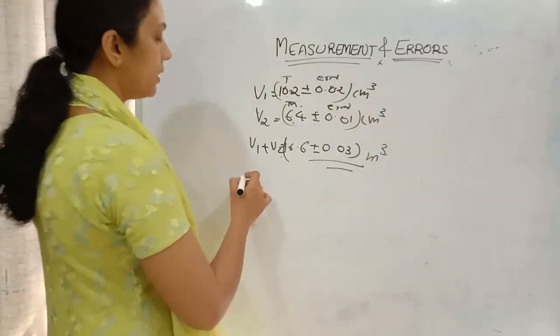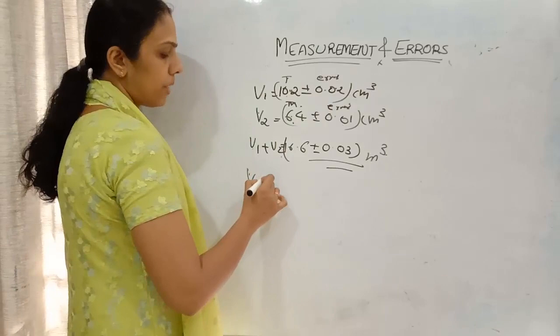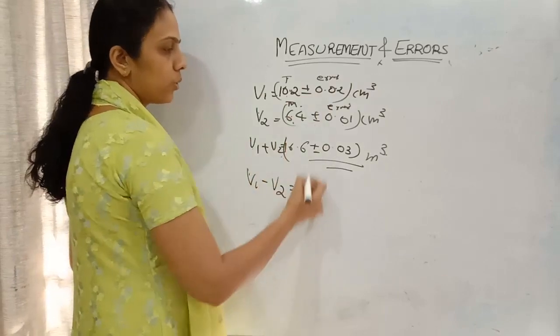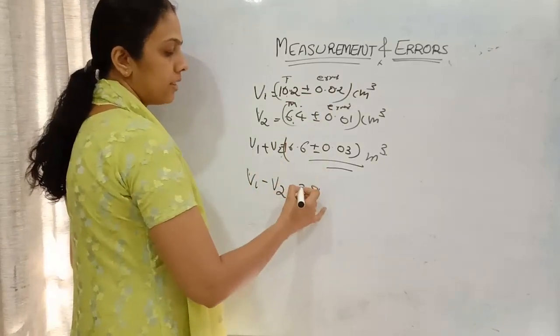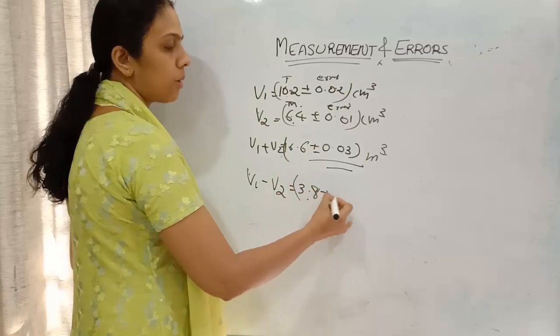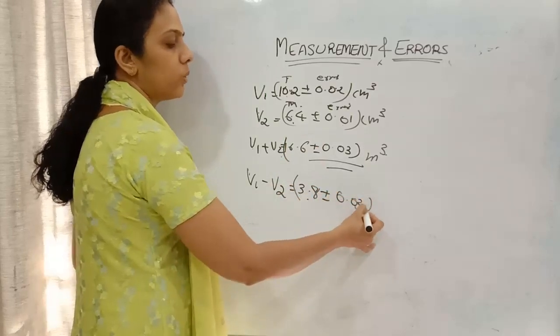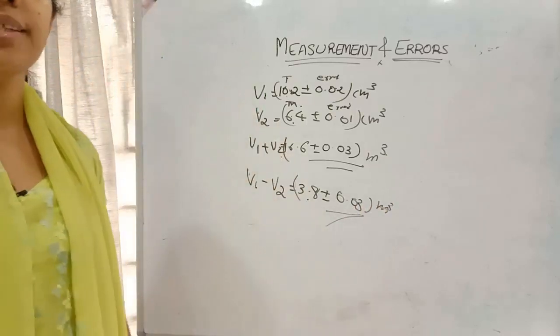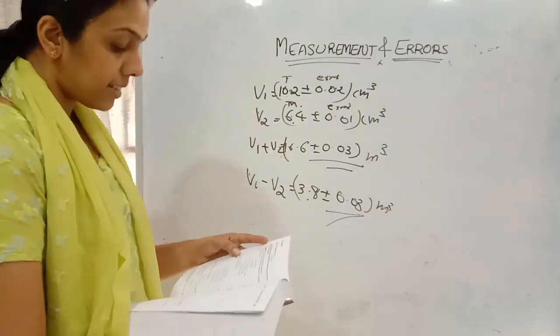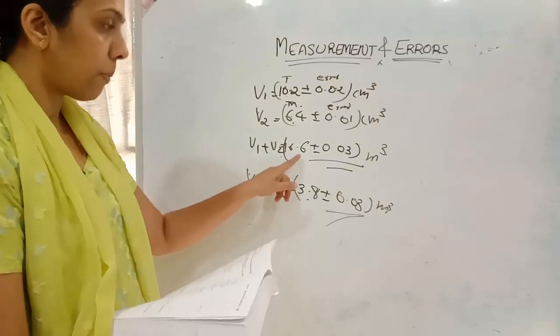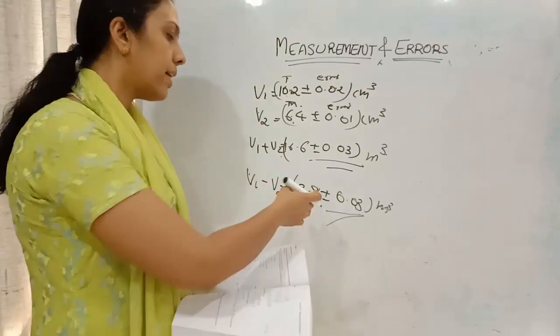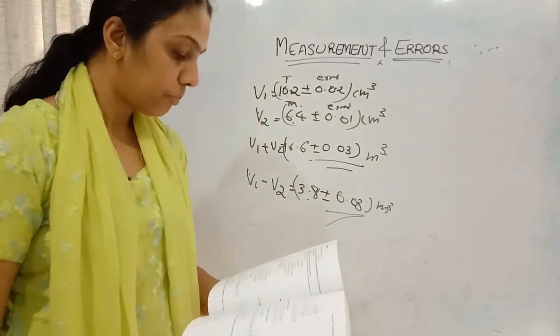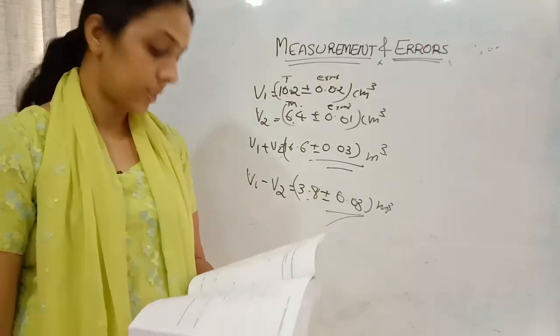If we are taking the difference, V1 minus V2, you will get 3.8 plus or minus 0.03 only. Don't subtract the errors. Errors should always be added up. So the final answers are: V1 plus V2 is 16.6 plus or minus 0.03, and V1 minus V2 is 3.8 plus or minus 0.03.